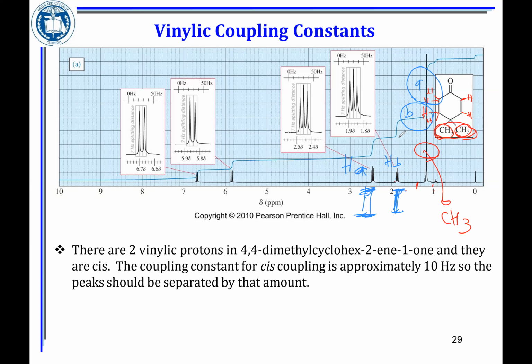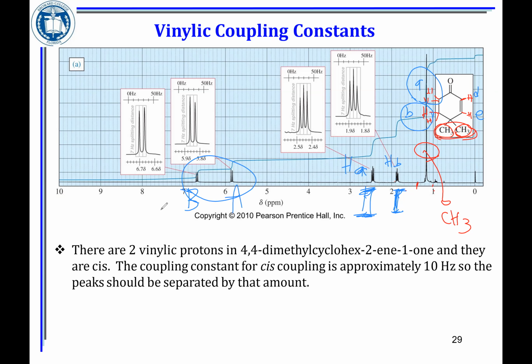Then you have our CHs. If we call them D and E, then we have a doublet for D and E, and they appear here. If I call these again capital A and capital B, which one is capital A, D or E?